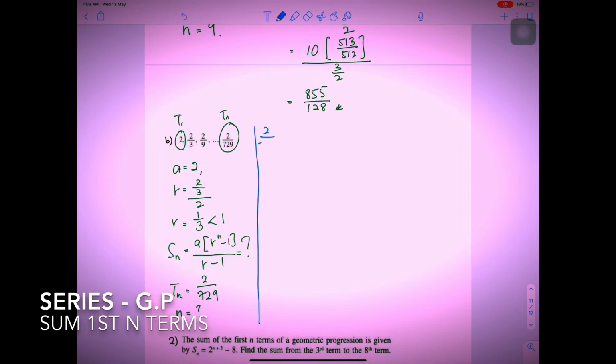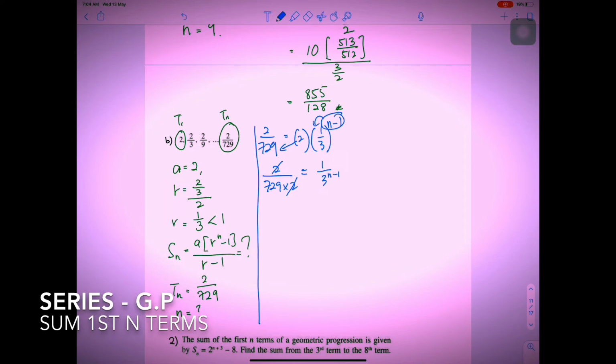So 2 over 729 equals a, which is 2, times r, which is 1 over 3, to the power of n minus 1. Then what do we do? 2 over 729 divided by 2, so cancel, and we get 1 over 3 to the power of n minus 1.